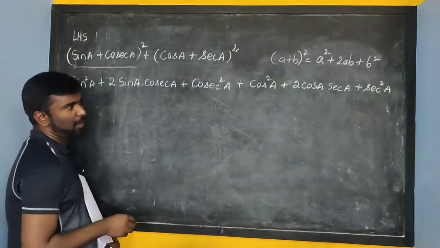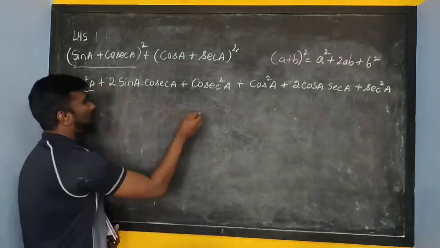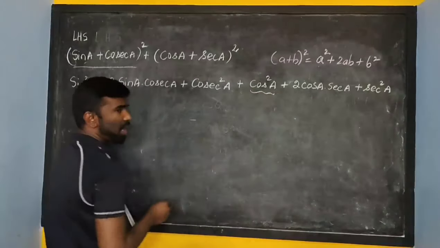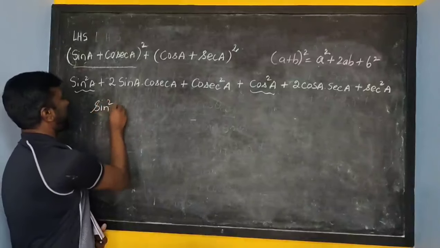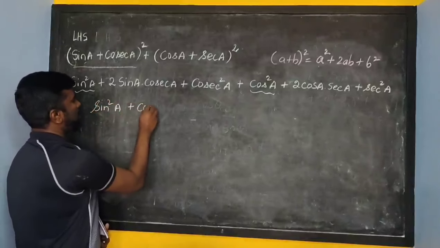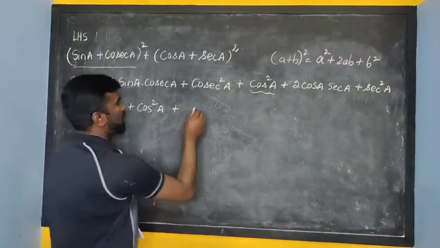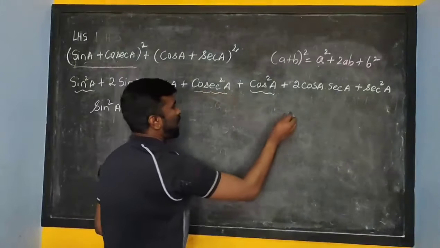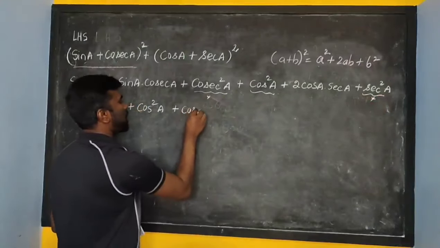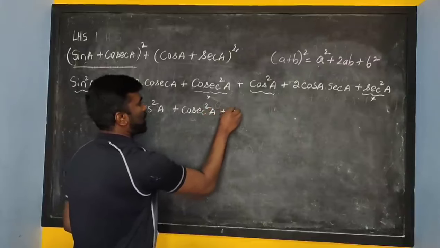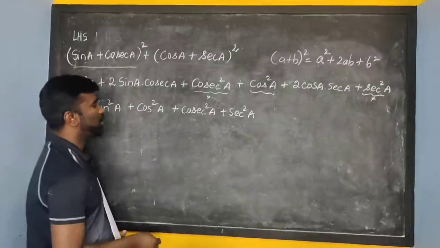now the next step is to rearrange the terms. Now I'll rearrange sin square A plus cos square A, because I can use identity 1. Sin square A plus cos square A, plus I'll arrange cosecant square A plus secant square A. Very important problem from the examination point of view.